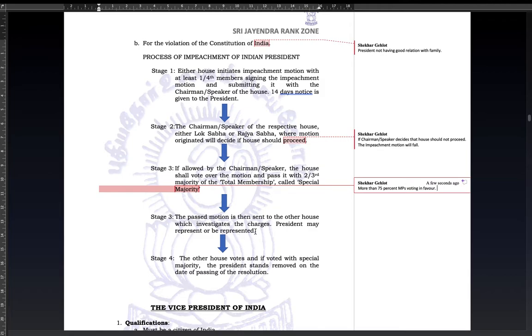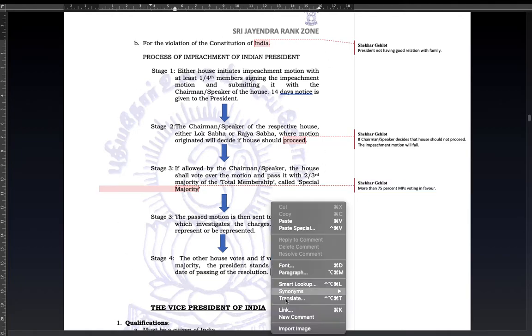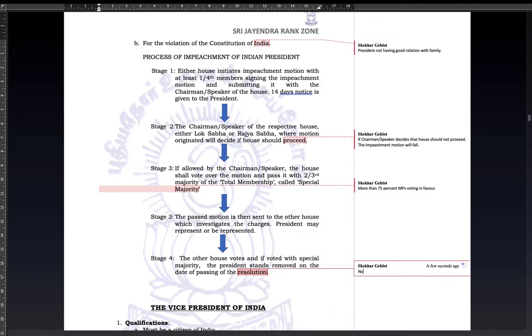Okay, then if this house also passes it with 75% special majority, 75% of MPs, then the president stands removed on the date of passing of such resolution. This is the process of impeachment, and no president of India has ever been impeached.